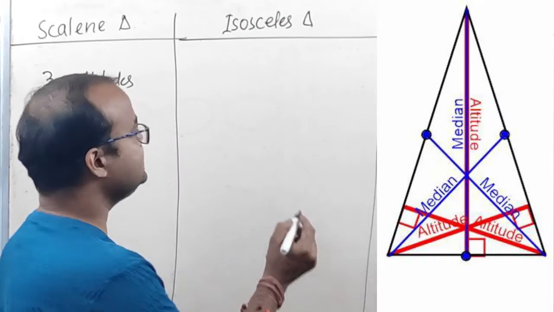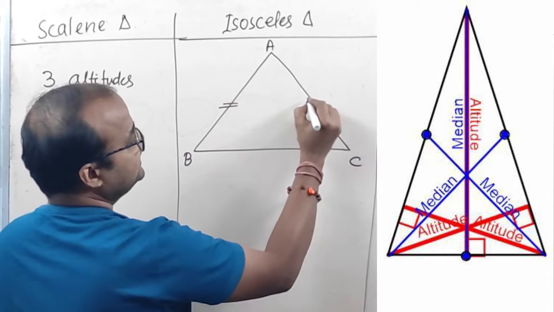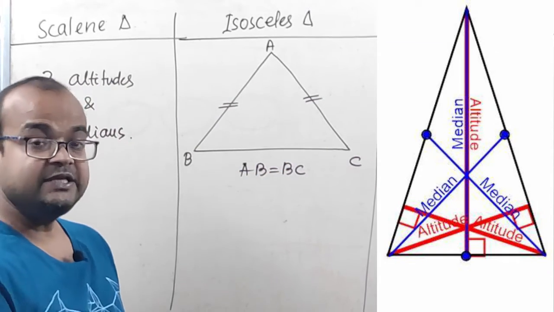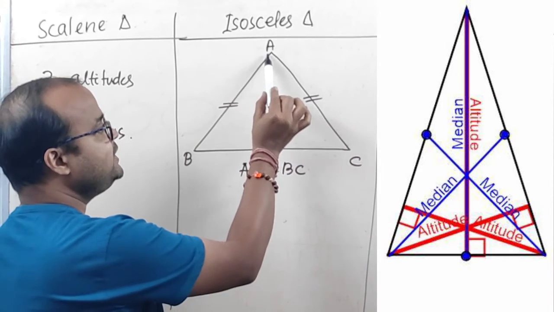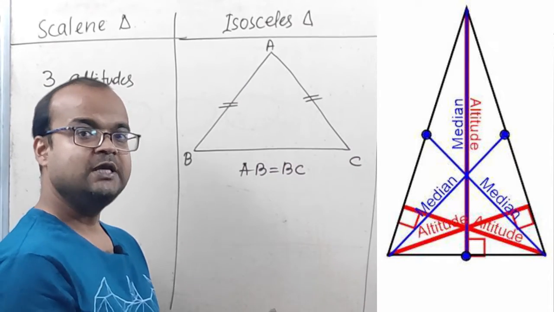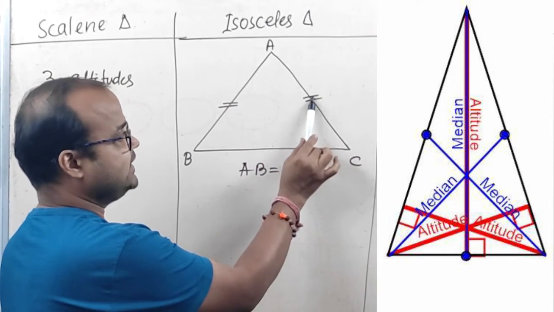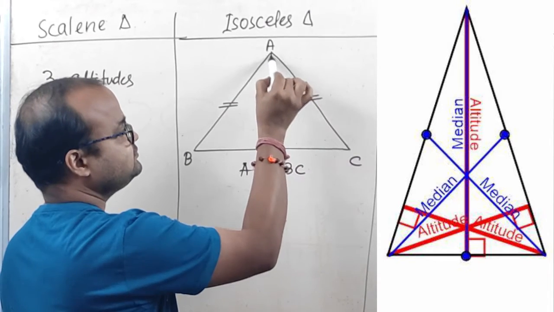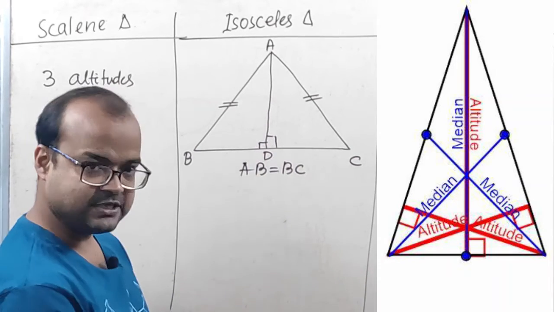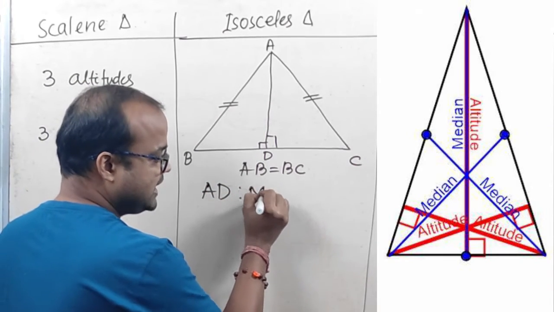In case of an isosceles triangle, suppose ABC is an isosceles triangle where AB equals AC, then if you draw a perpendicular line from the vertex joining the equal sides to its opposite side, suppose AD is perpendicular to BC, then in this case AD is altitude as well as the median.